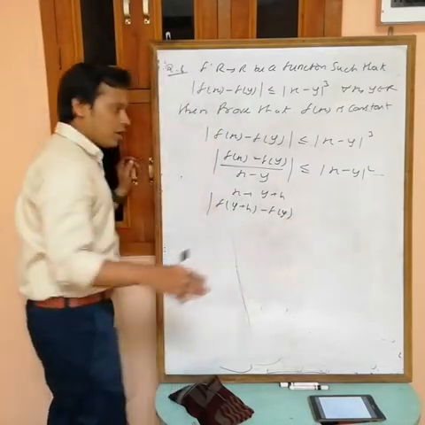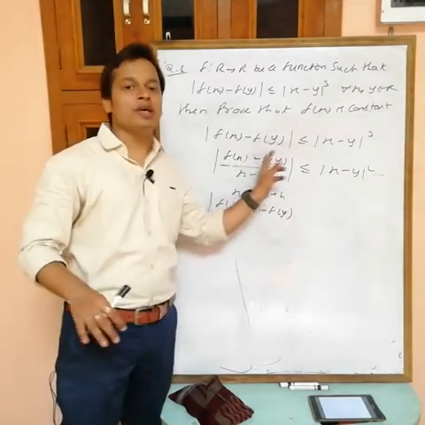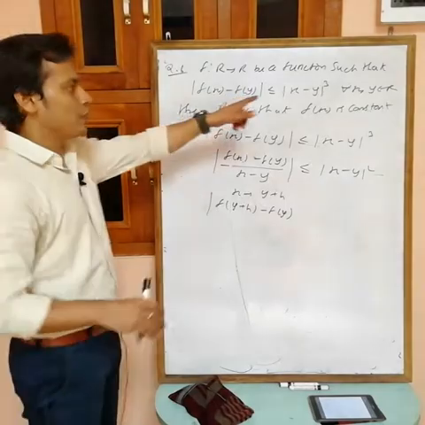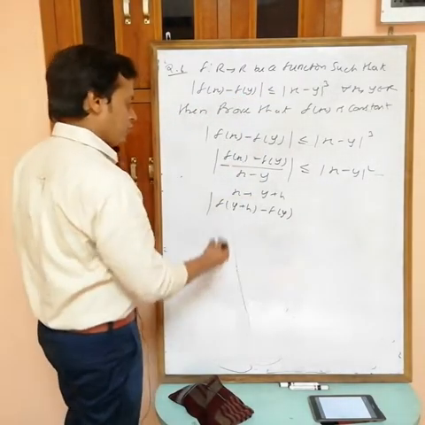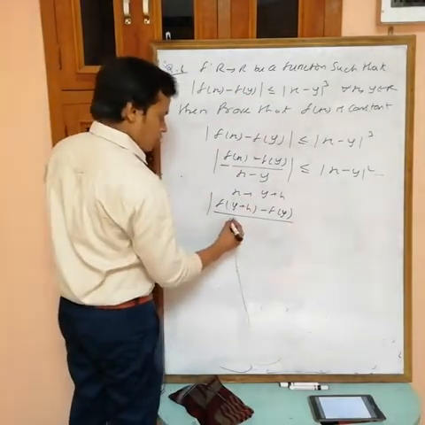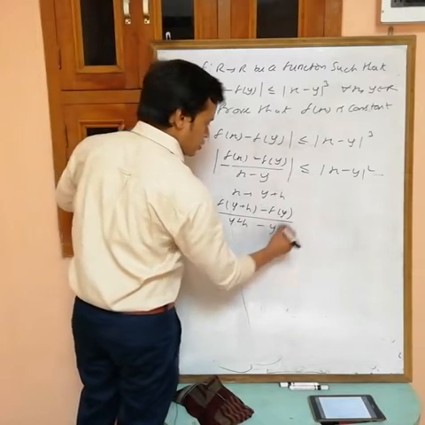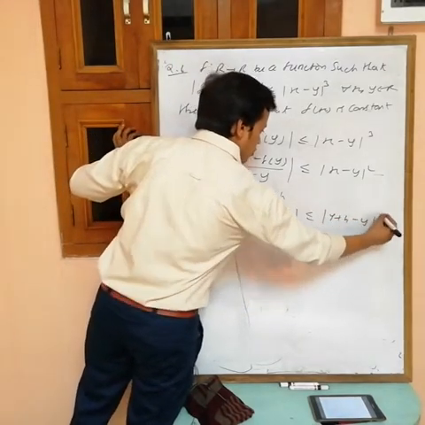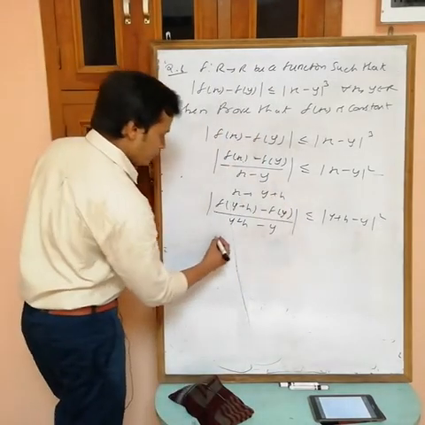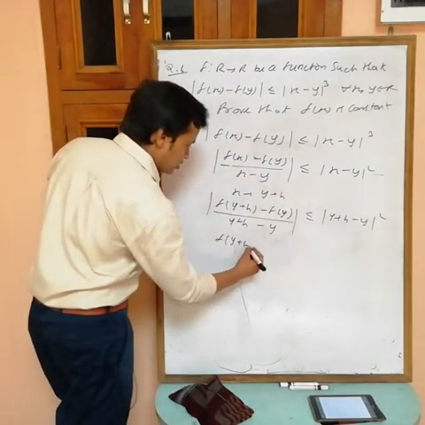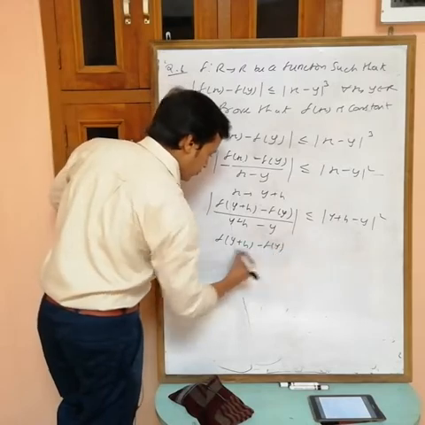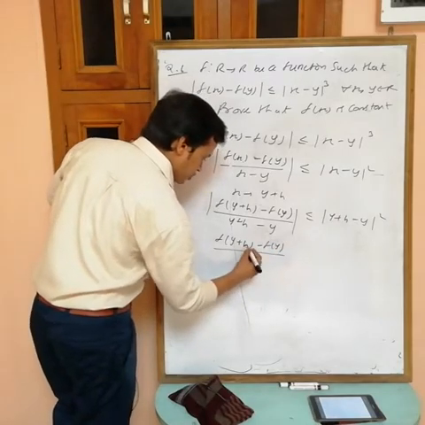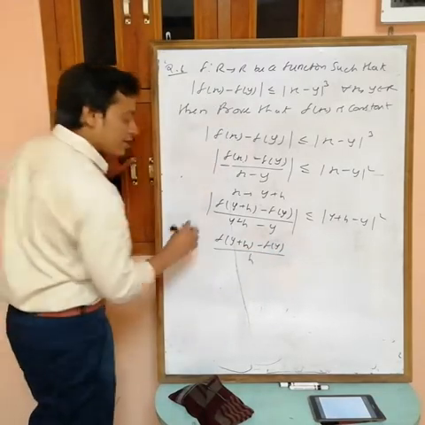If you want, you can also replace x as x plus h and y as x, because this is true for x, y belonging to R. You can put any value of x, y. So y plus h minus y, and this one also y plus h minus y. Now what we are getting? f(y + h) minus f(y) by h. Apply limit h tending to 0.